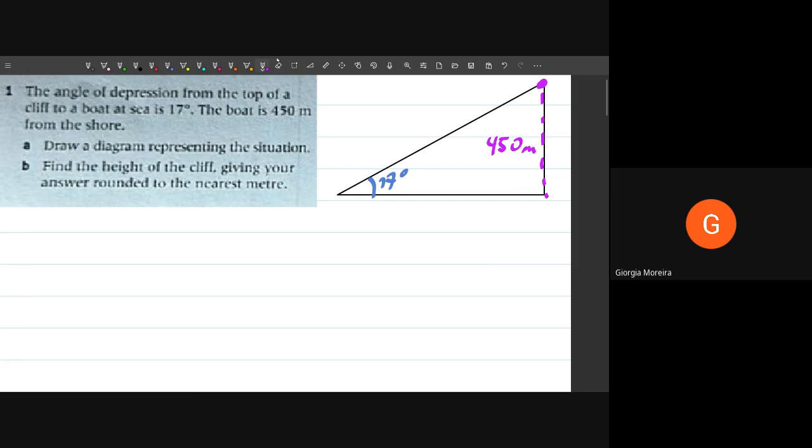Yes, sand is here too. The angle of depression from the top of a cliff, I suppose is this. My fear is where is the angle? Here or here? But I suppose it's here. Draw a diagram representing the situation.